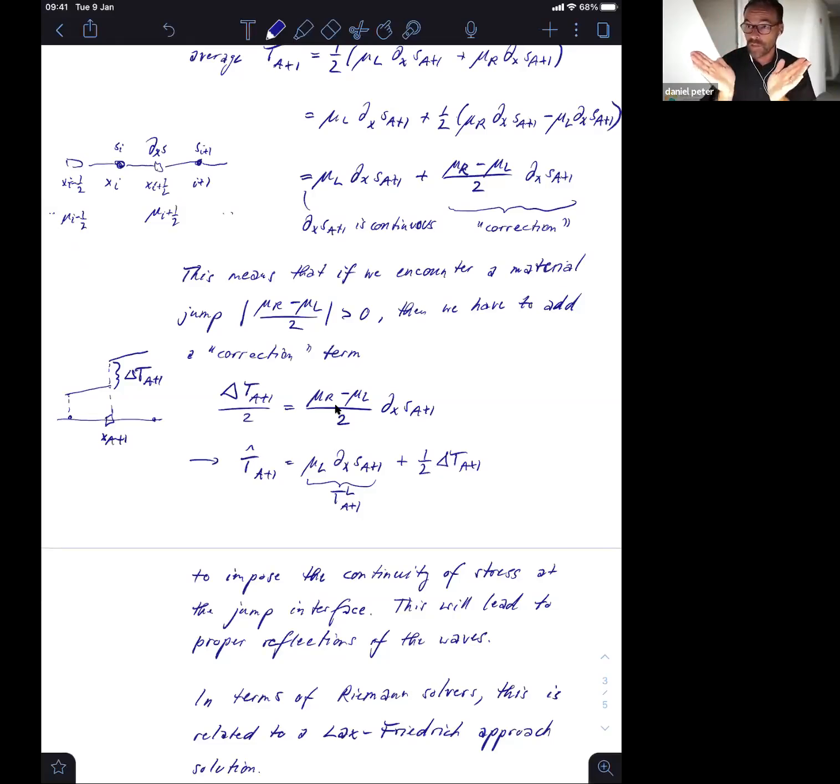We could allow for a nonlinear discontinuity to propagate, or we can impose from a physics perspective the continuity of the stress at the boundary, and then this will also lead to it. And it would be similar to a Riemann solution to the problem.